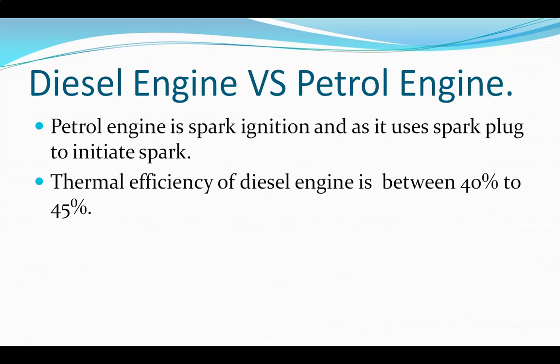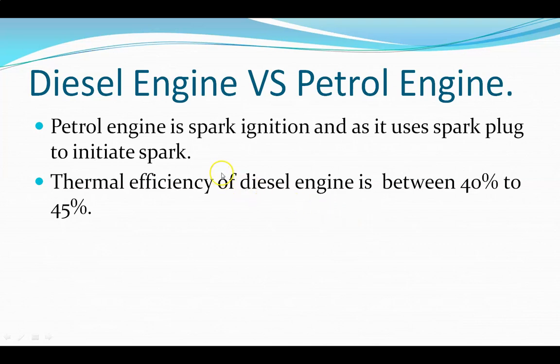Thermal efficiency of a diesel engine is between 40% to 45%. What do we understand by thermal efficiency? Thermal efficiency is the ability of the engine to convert heat energy to mechanical energy.